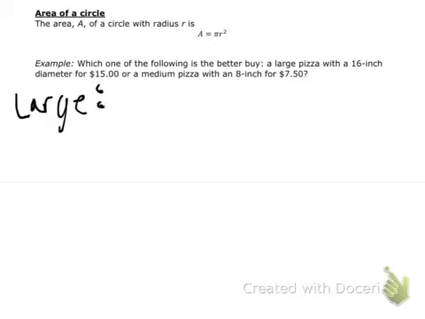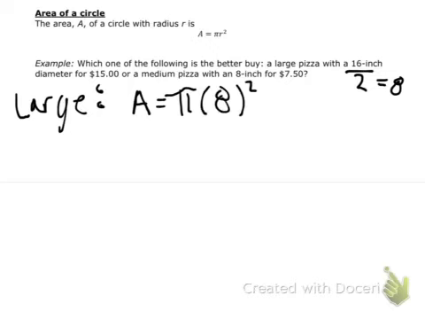So what we want to do is first find the area of this pizza, and then figure out how much we are paying per square inch. So the area for the large pizza is going to be pi times r squared. For the large, our r is going to be 16 divided by 2, which is equal to 8, because it's a 16-inch diameter, but for the area, we specifically need r.